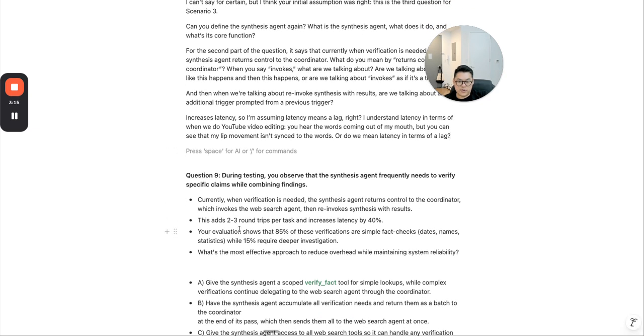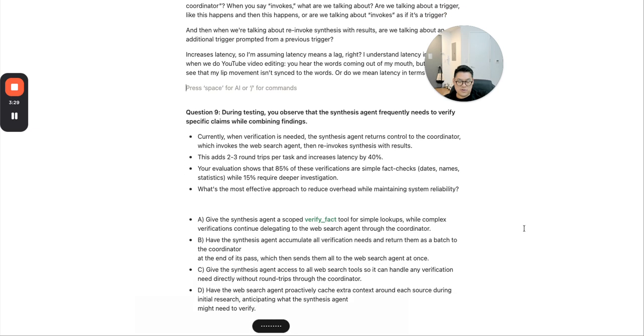All right, your evaluation shows that 85% of these verifications are simple fact checks, dates, names, statistics, while 15% require deeper investigation. What's the most effective approach to reduce overhead while maintaining system reliability? When we're talking about reducing overhead, are we talking about reducing costs? Because I'm assuming that if we increase latency, we're just burning more tokens.